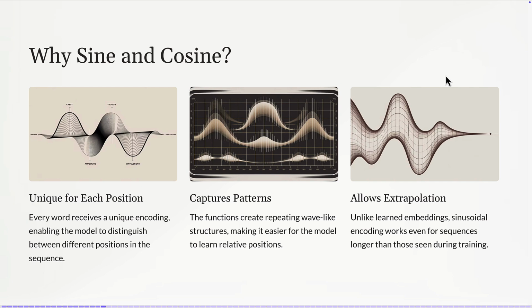The function creates a repeating wave-like structure, making it easier for the model to learn relative positions. And it also allows extrapolation because, for example, if you extend the context length from 512 to 1024, you can reuse it. Unlike learned embedding, sinusoidal encoding works even for sequences longer than those seen during the training by extrapolating the same pattern.